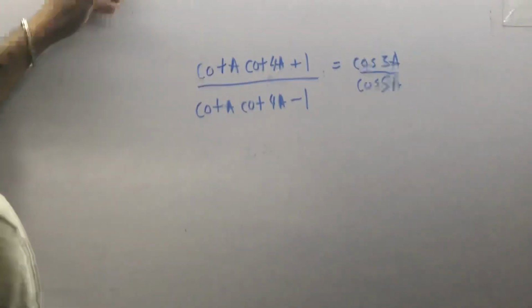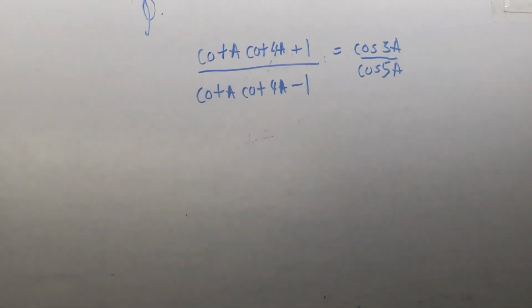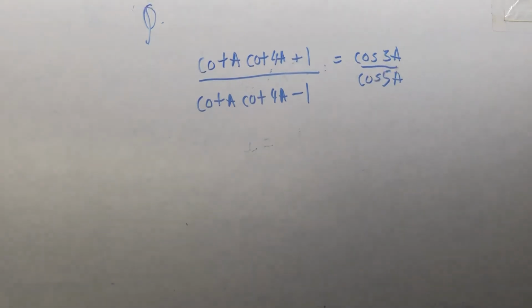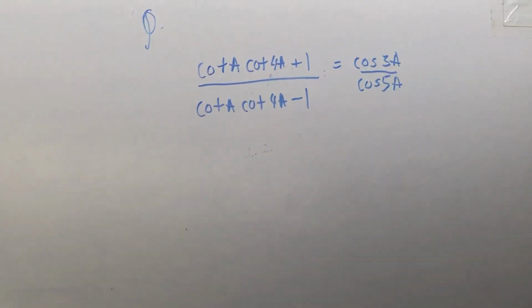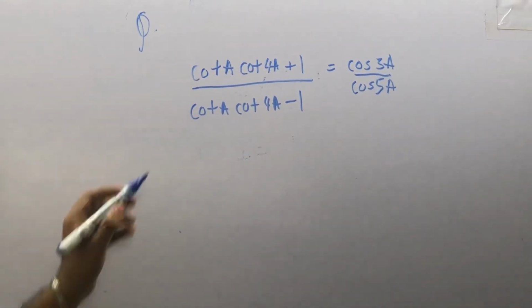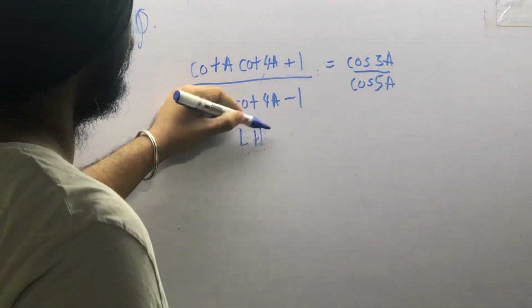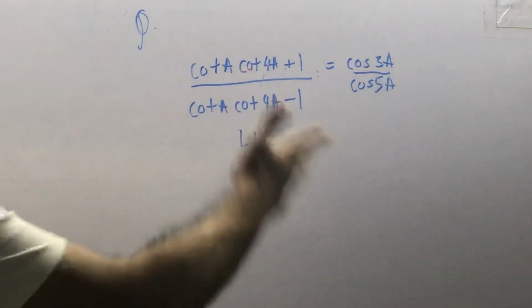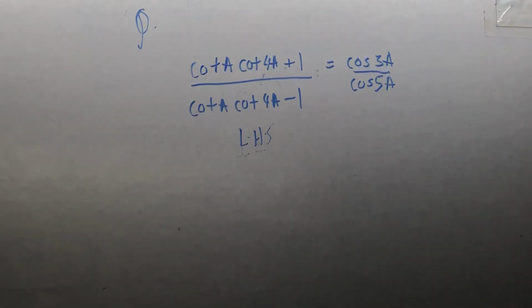Okay, this is the last question that we are going to do. So let's look at this question. First of all, right hand side is cos and left hand side is cot. So we will start from the left hand side and convert it into sine and cos, because the right hand side needs cos.